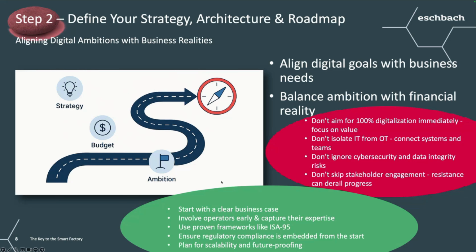And depending a little bit on where you want to go, plan for scalability. For example, if you would like to implement that in more than one site, plan for scalability right from the beginning.